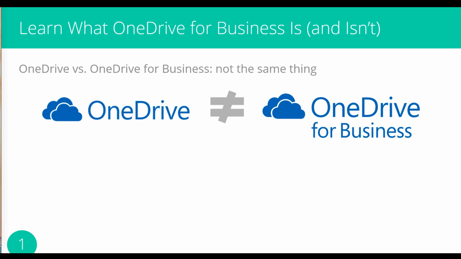You get that for free, but there's also some paid plans. But other than the name and the fact that they both allow you to store files in the cloud, they're pretty different animals. The similar name can get confusing, like I mentioned earlier, but we'll think of them totally differently, and we're not really going to talk about consumer OneDrive at all after this point.